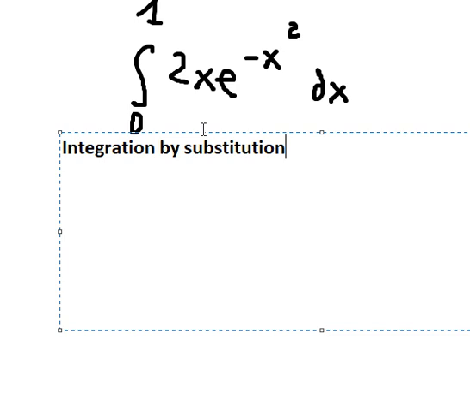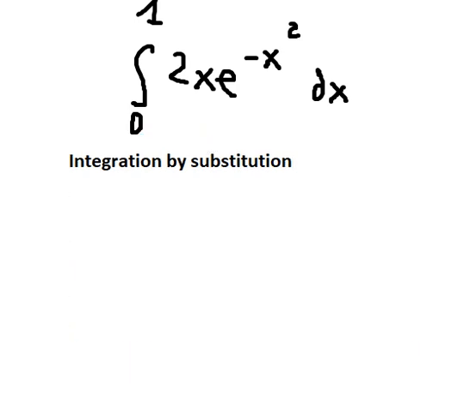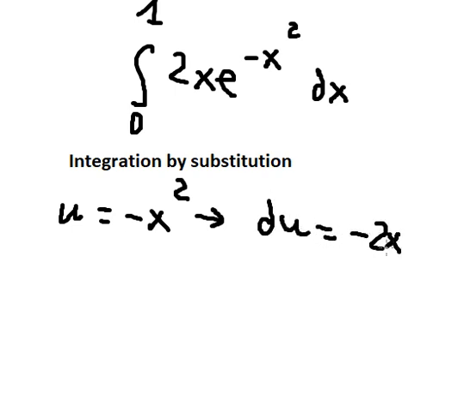So I will put u equals negative s squared. Then, we need to first take the derivative of both sides, and we have negative 2s ds. Because we don't have the negative sign in here, I will move this one to the left.